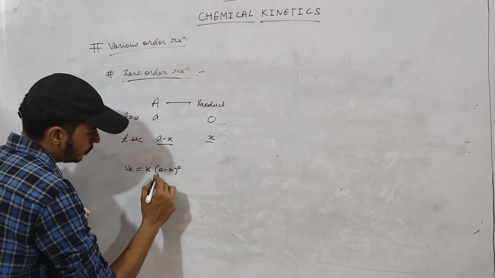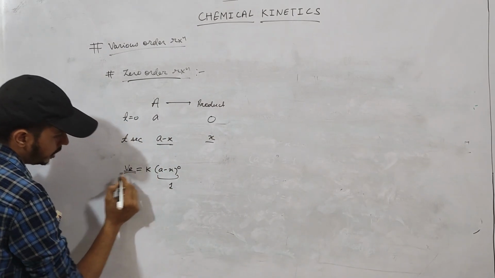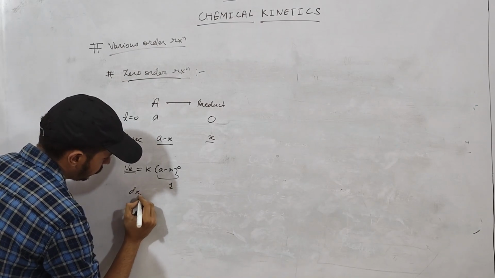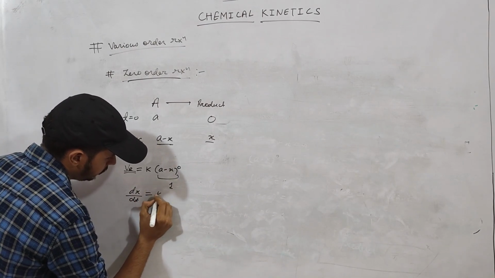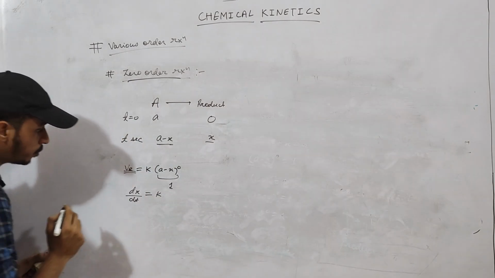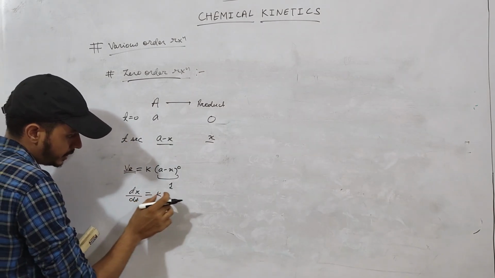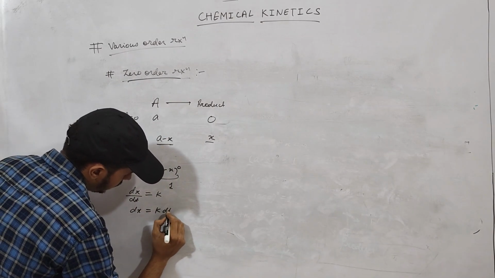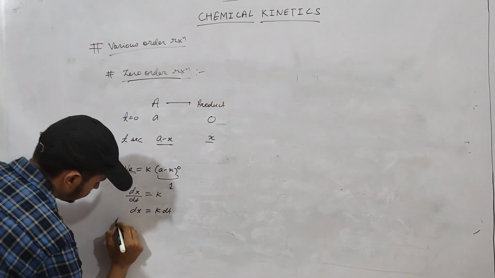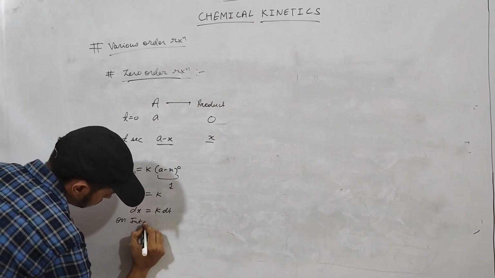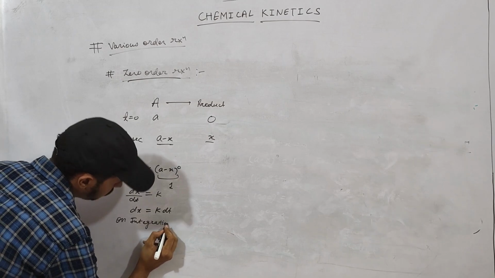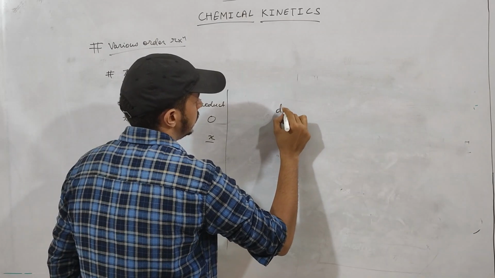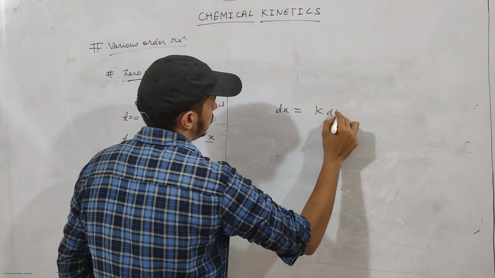So this term will become 1, and the rate of reaction can be written as dx upon dt equals k. Now taking dt to the right side, we get dx equals k dt.